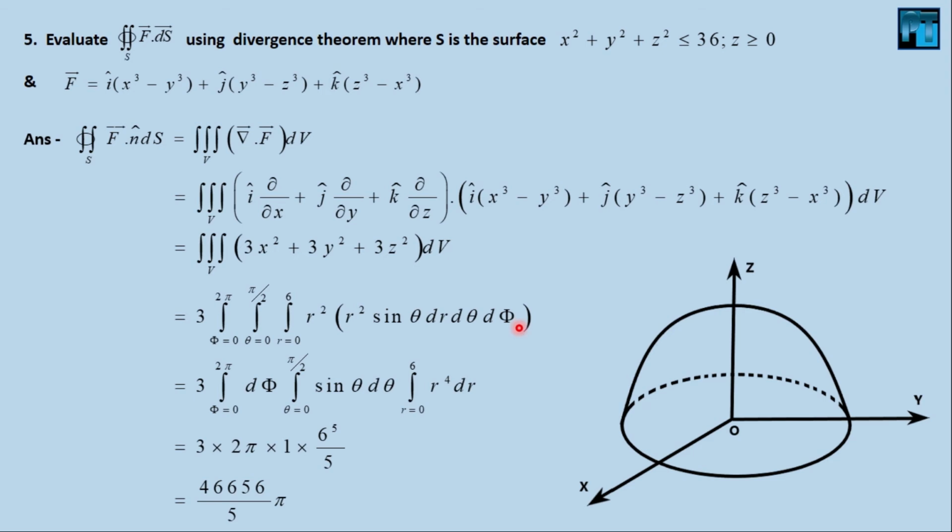Now see, these are independent variables. Actually these 3 integrations are independent, with independent upper and lower limits, so we can determine them independently and simultaneously. I know the answer is quite big, but forget the answer.